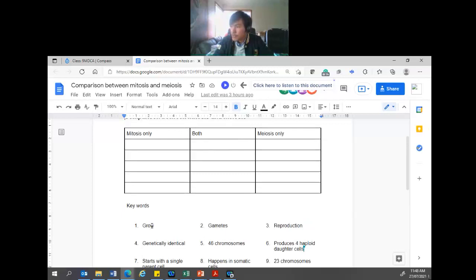Let's go through these together. I can see the anonymous grizzly bear already in the table. So the first one, grow, where do you think that would go? You can copy and paste the word into the table there for me.